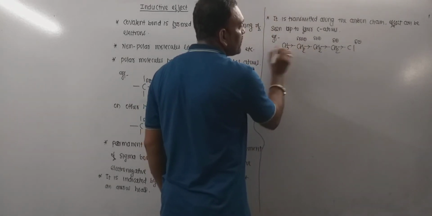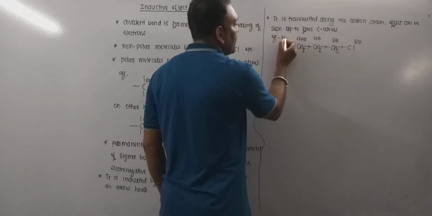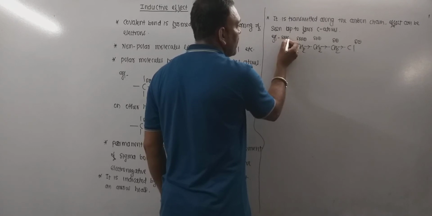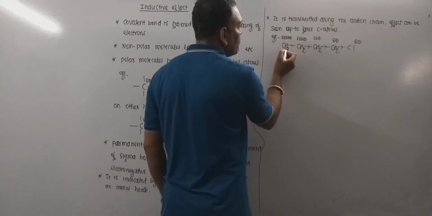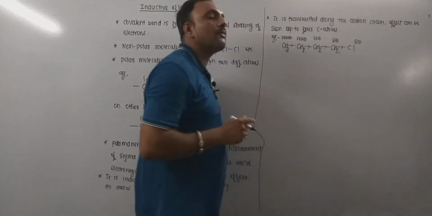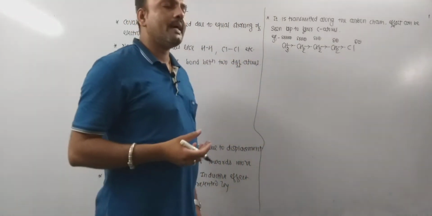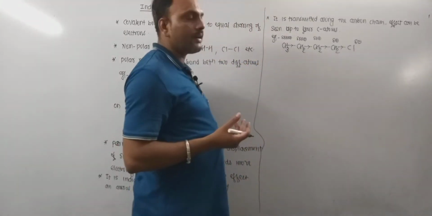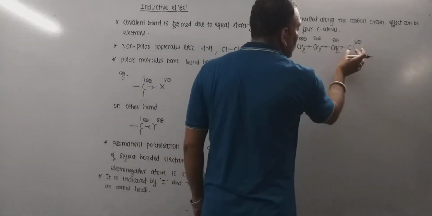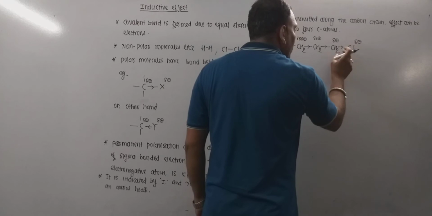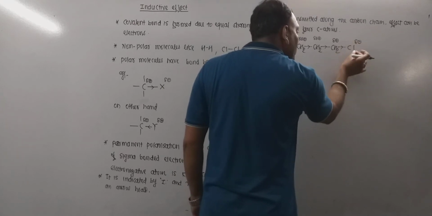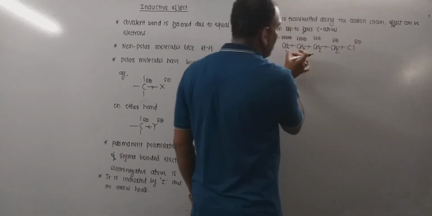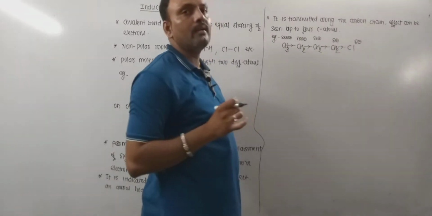This carbon does the same, and in this case the positive charge accumulated on this carbon is very less. Sometimes it cannot be observed merely; that wholly depends on the atom connected to the carbon. So the greater the electronegativity, the greater will be the effect, I mean transmission.